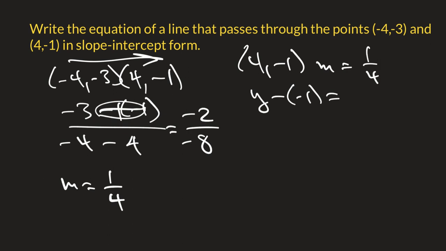Y minus negative 1 equals, there's my slope, 1/4 times x minus, what's my x value? 4. Okay, so y minus negative 1 equals 1/4 times x minus 4.